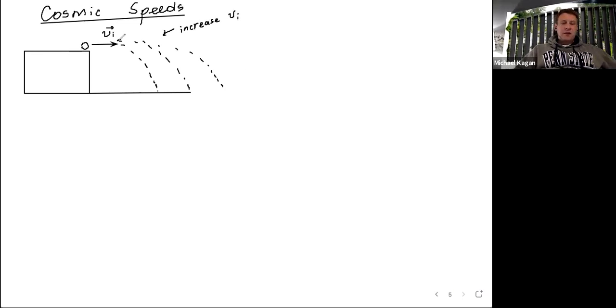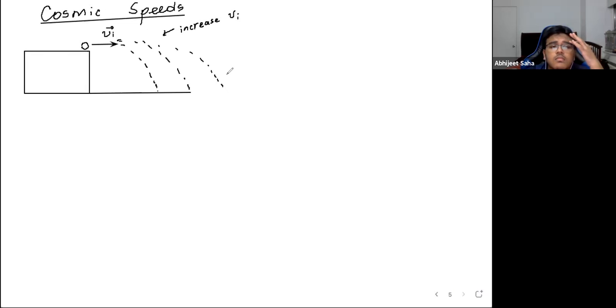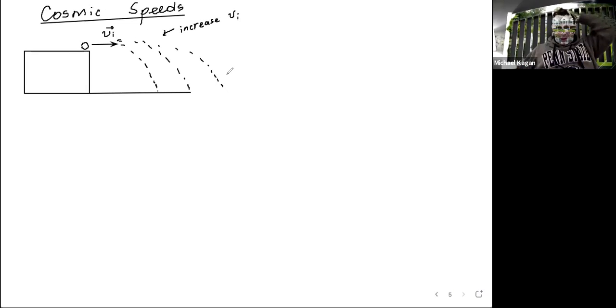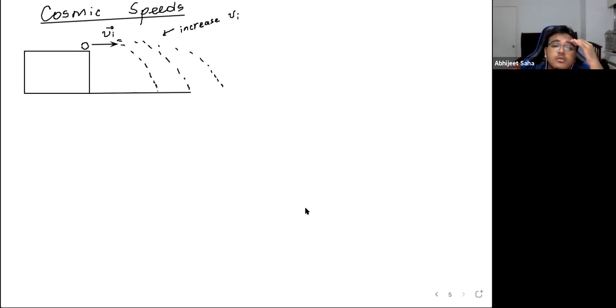What if the speed is very, very large? What becomes important? So the speed is very large. The distance traveled is very large. At large distances, what can we no longer ignore? The circularness of the Earth.